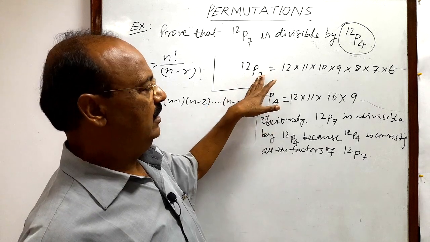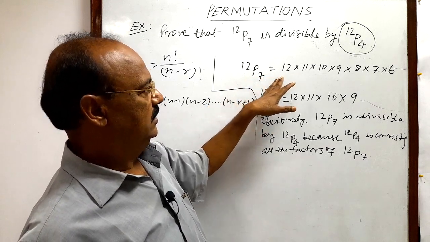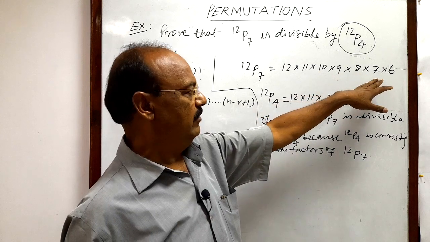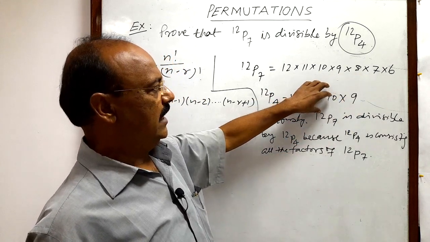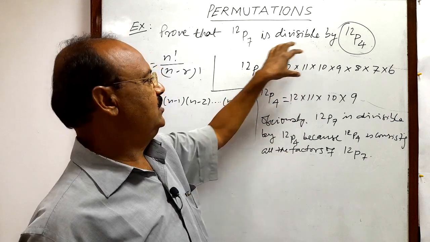Clearly, 12P7 has these 7 factors, 12P4 has these 4 factors. So these 4 factors can divide these 7 factors, meaning 12P7.